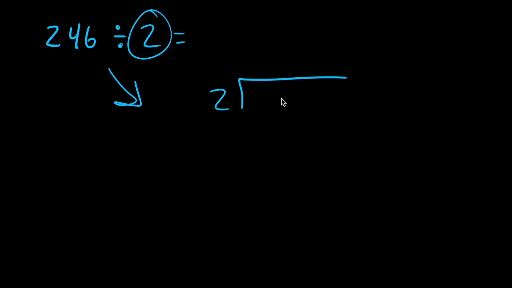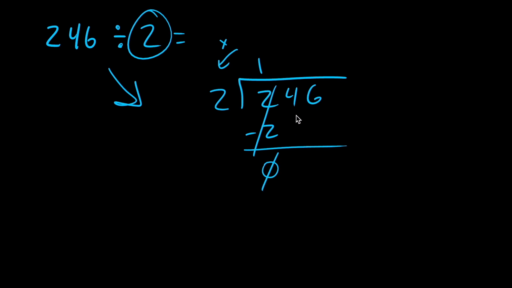And then the dividend will be 246, which we write inside the L. All right, now let's see how many times can 2 go into 2? Just 1. So I'll write the 1 above. And then we multiply. 2 times 1, that's 2. And then we simplify. 2 minus 2 is 0. And then we bring down the 4.